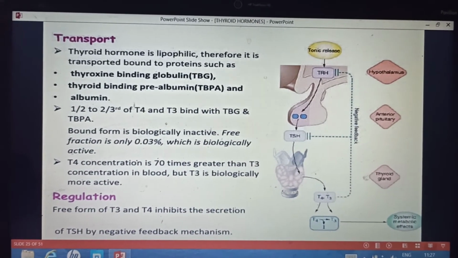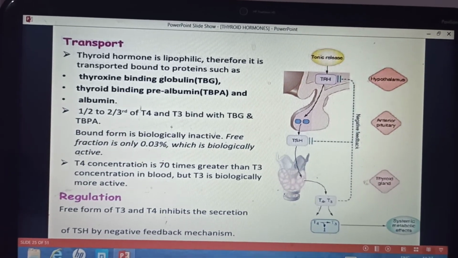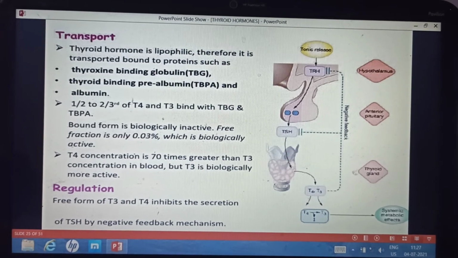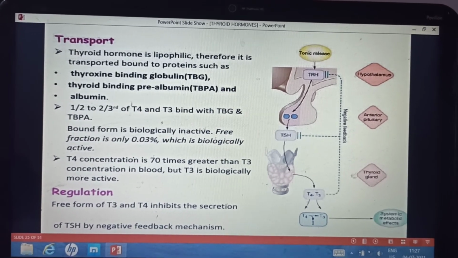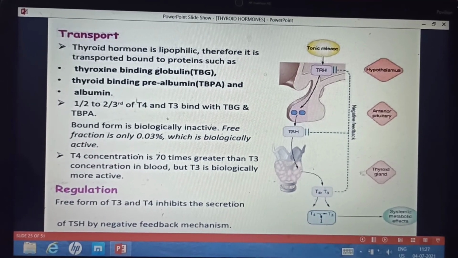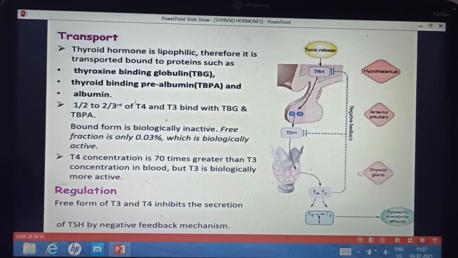Now coming to the transport of the thyroid hormones. Thyroid hormones are highly lipophilic and are transported bound to a protein. The proteins are thyroxine binding globulin, thyroid binding prealbumin and albumin. Most of the hormones are circulated in the bound form.